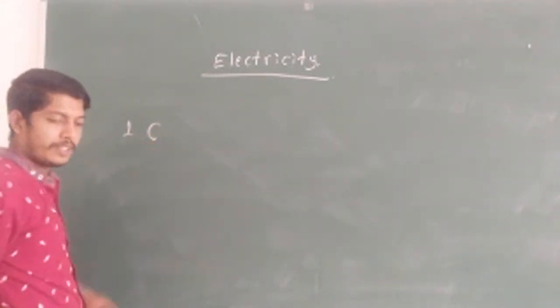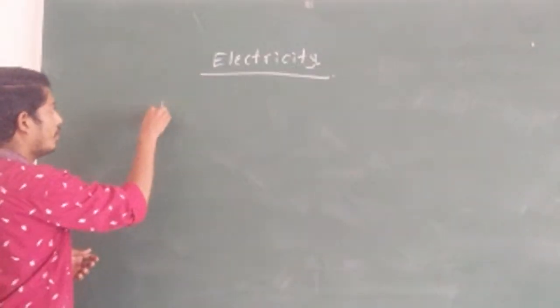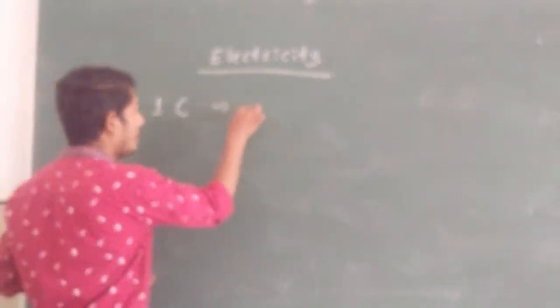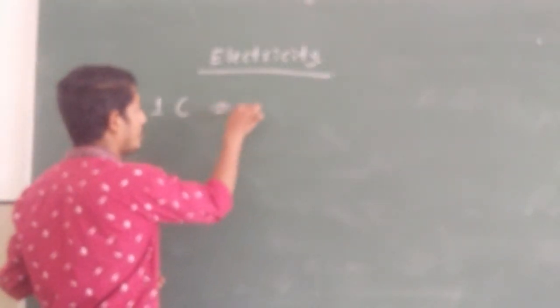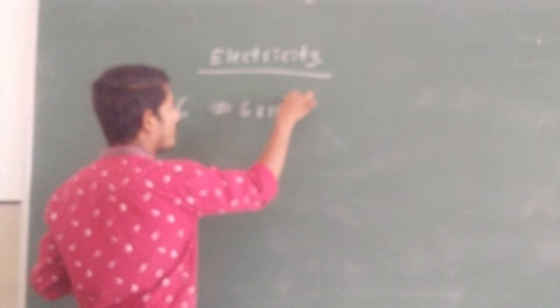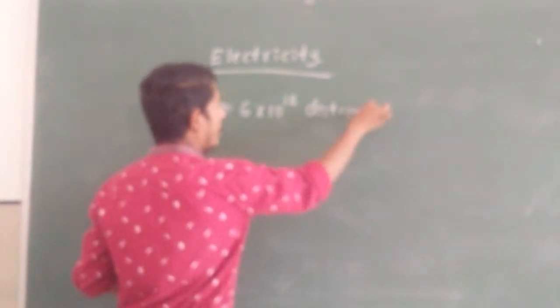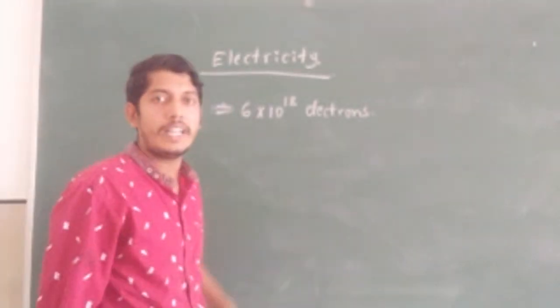I will directly write 1 C equals 6 into 10 raised to 18 electrons.